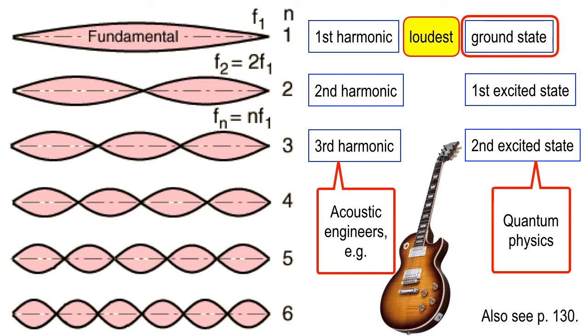The fundamental mode, the first harmonic, is usually the loudest. But if you pluck a guitar string, you're going to get a little bit of sound energy in the second harmonic, and a little bit of sound energy in the third harmonic, and so on up the scale. And it'll be a different mix.